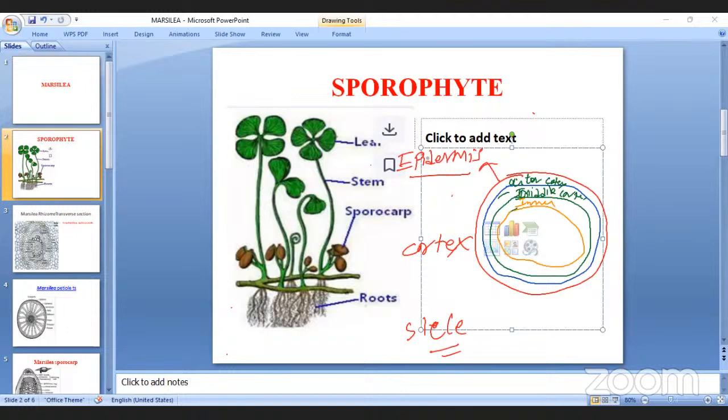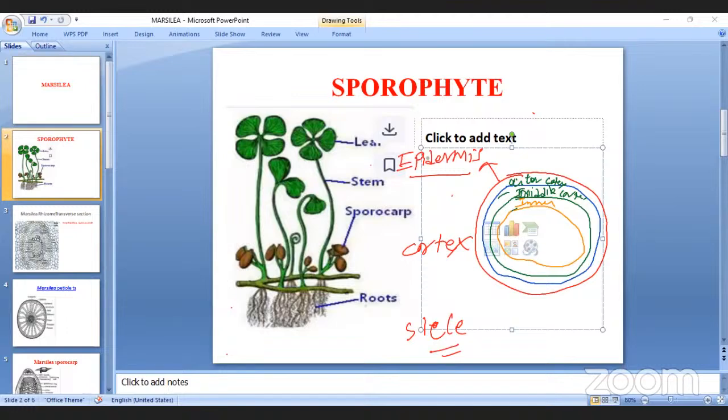The outer cortex is present just below the epidermis and is called the hypodermis. It is parenchymatous, meaning the entire region is made up of parenchyma. Next, the middle cortex is aerenchyma, meaning air gaps are present. It consists of large air spaces and air chambers separated by one cell thick parenchyma septa.